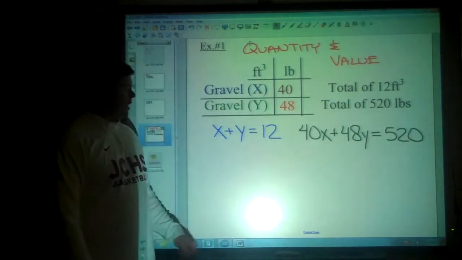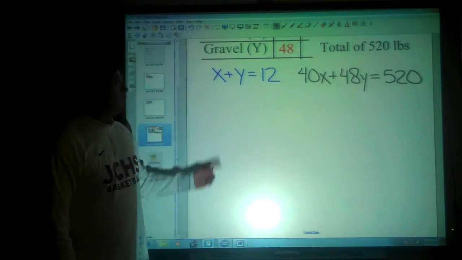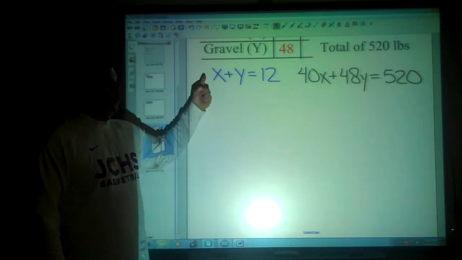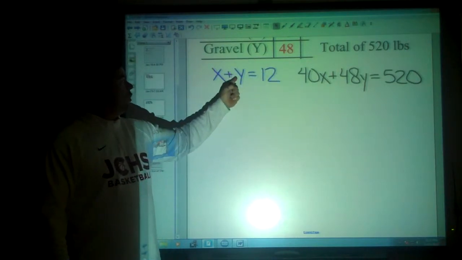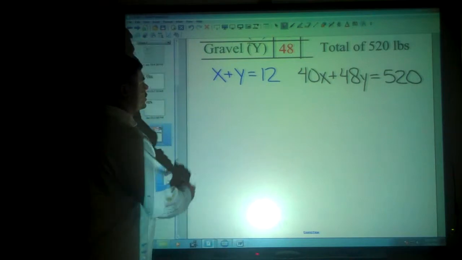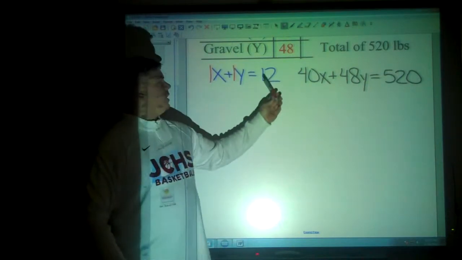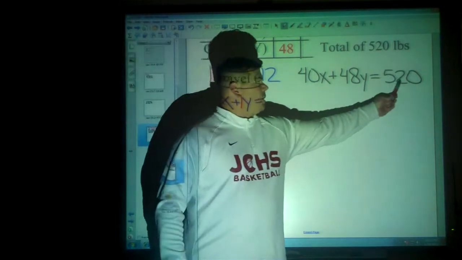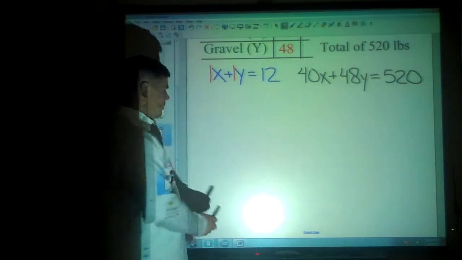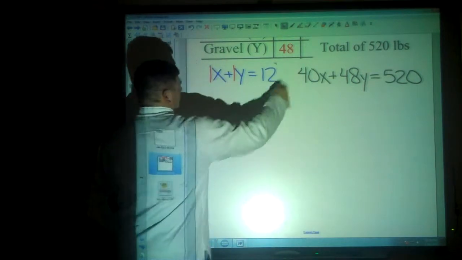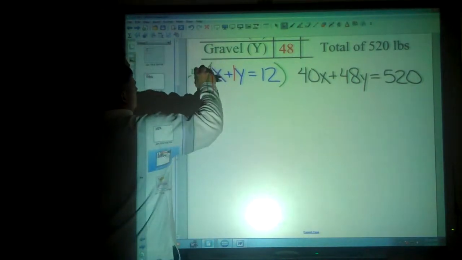We can use linear combinations. I think it's easier to take this equation and multiply by something to change the coefficients, because right now the coefficients are each 1. So it's very easy to multiply this entire equation by something so that it'll match up but just be opposite. And what I'm going to multiply it all by is negative 40.